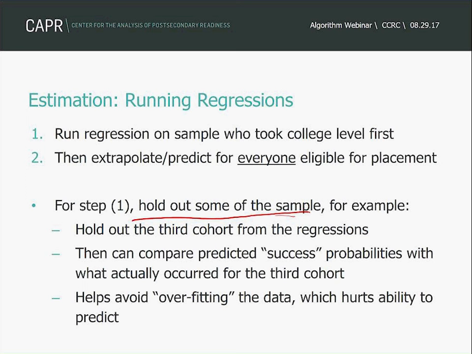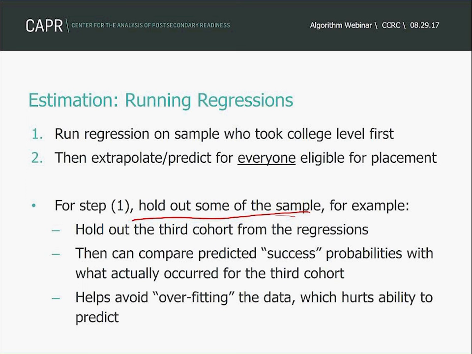So they'll choose a sample of folks where they'll run the regressions and figure out what the best regression is on this data set, and then they'll test it on another data set that they hadn't touched before. And that's what I suggest doing here. Say we have 3 cohorts, hold out one of those cohorts, for instance, the third most recent cohort. Run your regressions, assess your model fit on the first 2 cohorts.